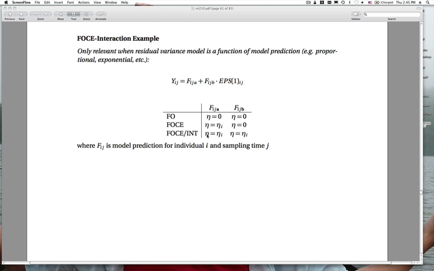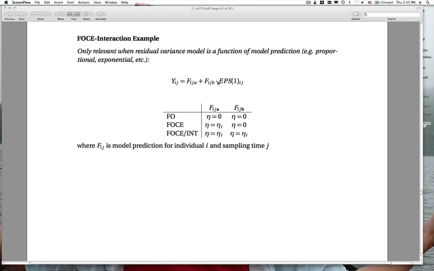Well, probably the more complete or more accurate way to do this would be to allow the individual prediction to take part in both the prediction part of the model and the residual variance component of the model. And that's what happens under FOCE interaction or Laplacian interaction and so on. What we have here then is an interaction between the individual random effects in the prediction and epsilon.